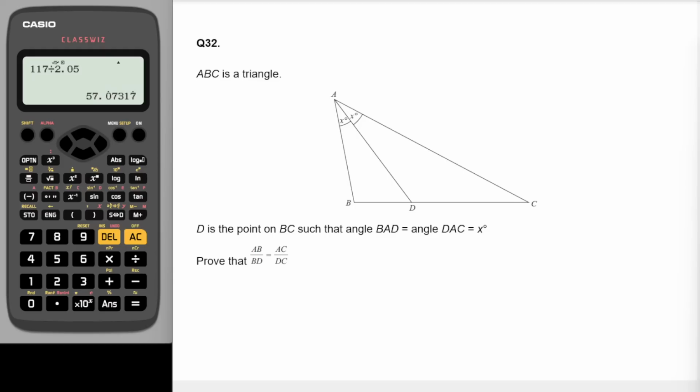Right, I'm going to start by, so we want to prove that, I'm just highlighting the lines that I'm using: AB, AC, BD, DC. Okay, that's not too bad because actually that's a common side to both of the triangles.